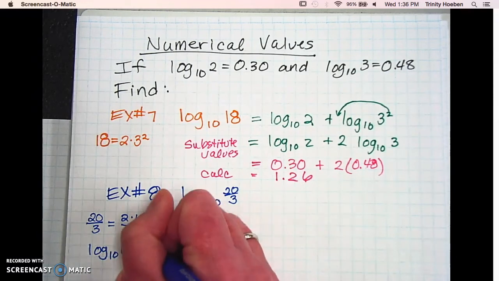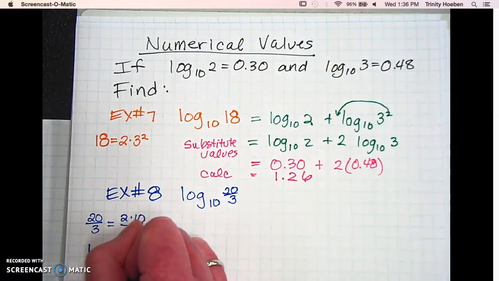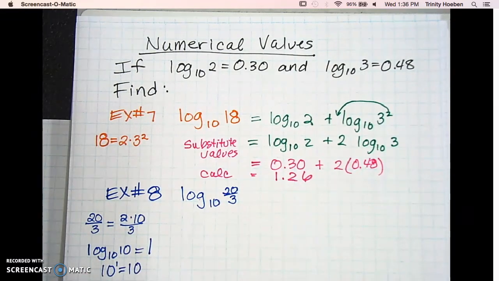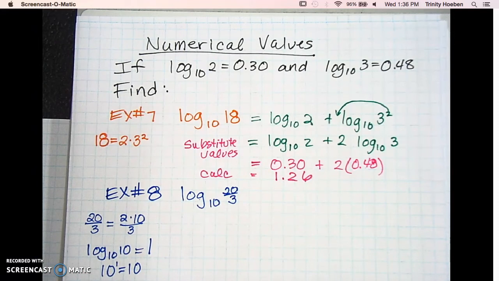Log base 10 of 10 is 1. Why? Because of what we learned yesterday. 10 to the first power is what? 10. Okay? So that's just part of yesterday's lesson of going back and forth between exponential form and log form. So look in yesterday's notes or re-watch the YouTube video and see how to get that.